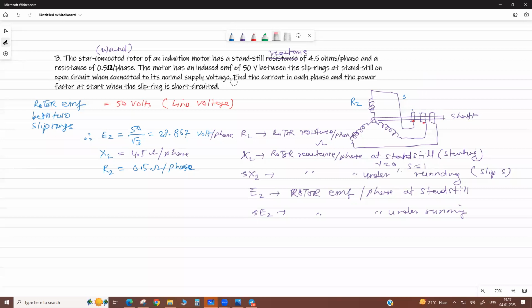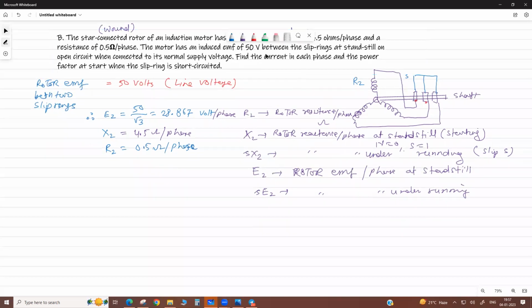Open circuit means when we give the rated voltage to the stator, and the rotor is open. Here the stator may be delta connected or whatever.